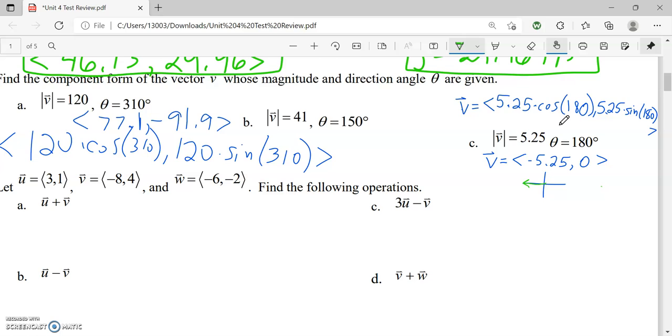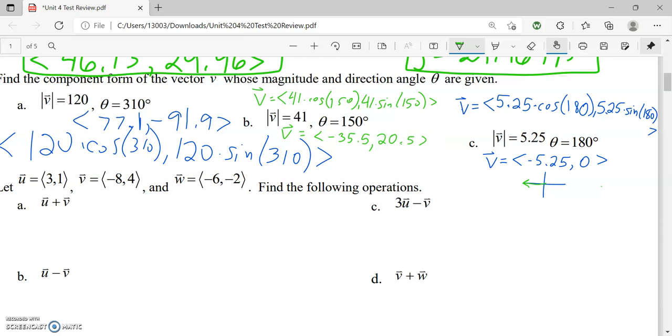I'm going to do vector V. And that one is just 41 cosine 150, sine, which then becomes the rounded answer, negative 35.5 and 20.5.